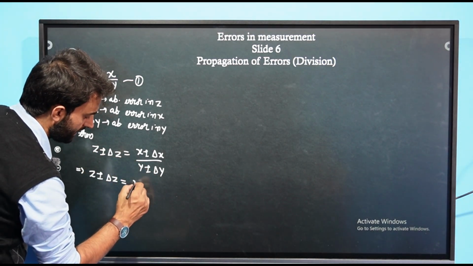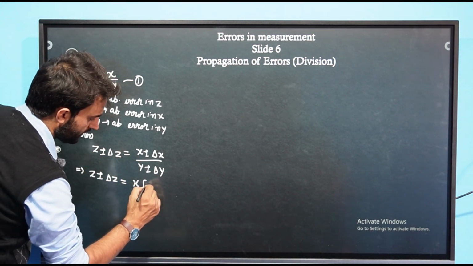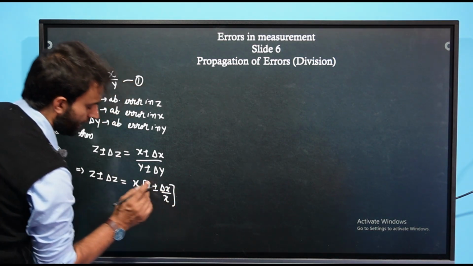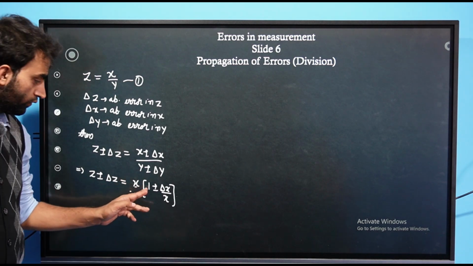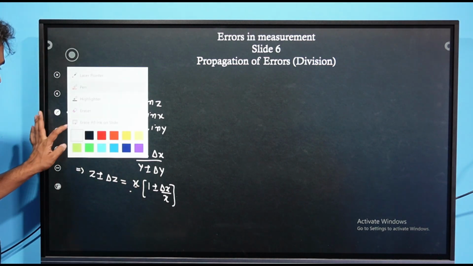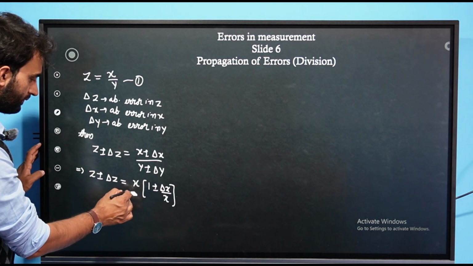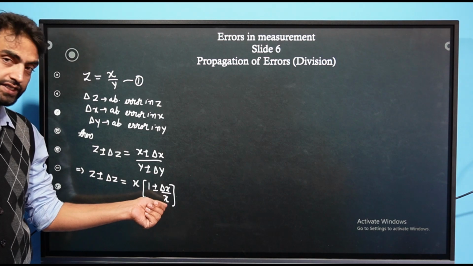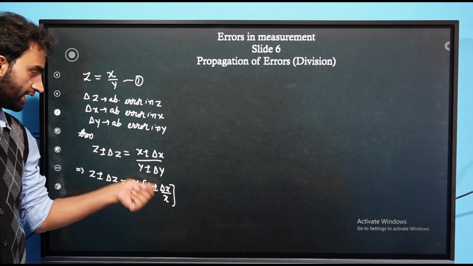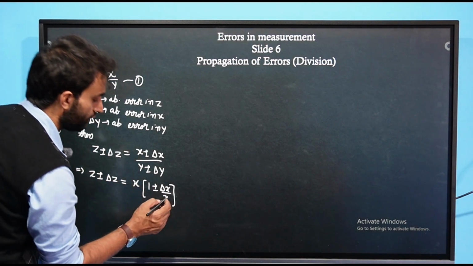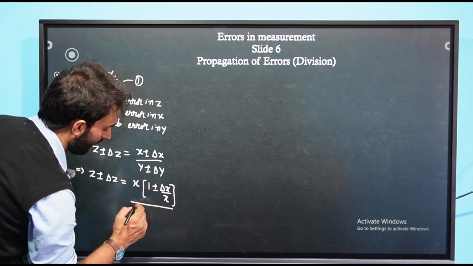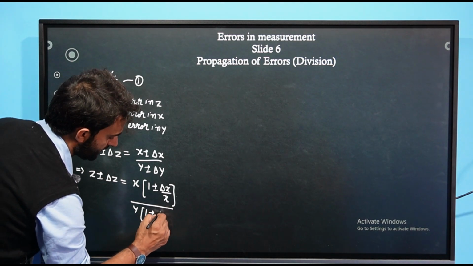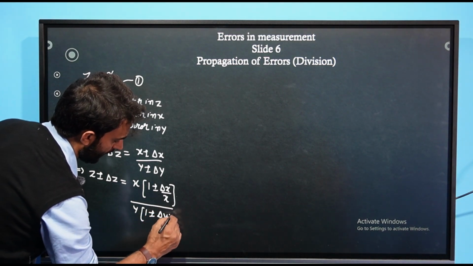So that's 1 plus minus delta x by x, because if we multiply the x again, 1 multiplied by x is x again, and this x and this x get cancelled out, so that's delta x, same as that in the numerator. Divided by, let's take y common from here, so 1 plus minus delta y by y.